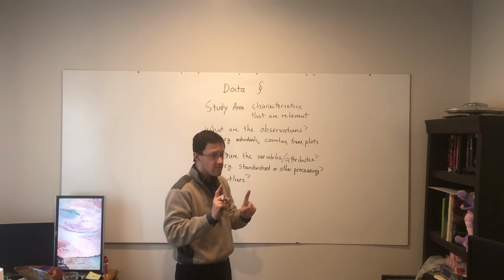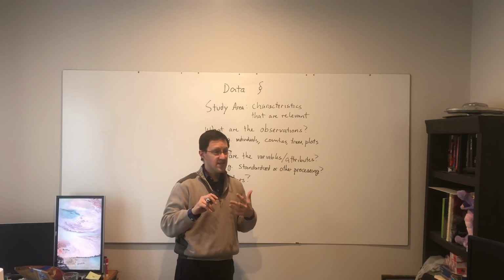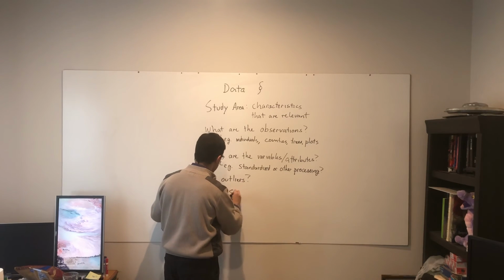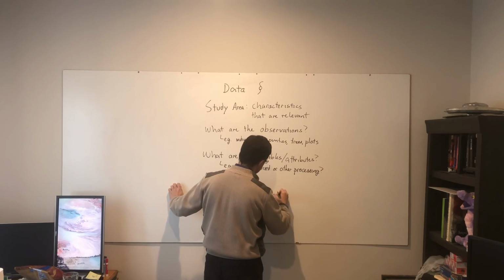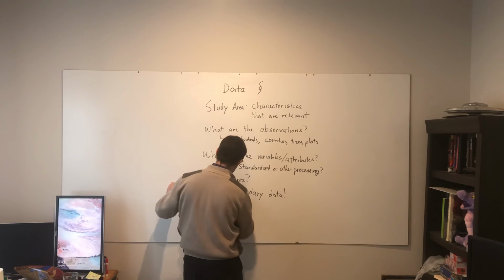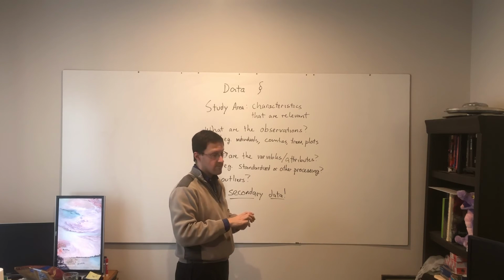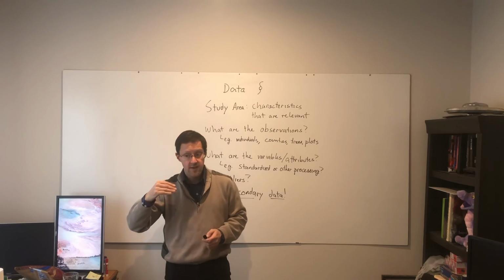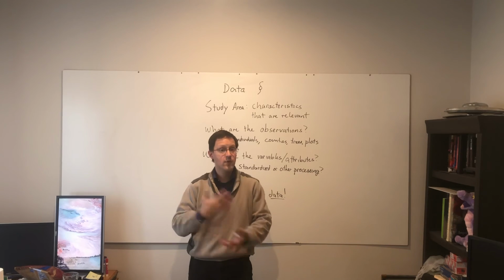The last thing for the data section that I will put here, because it is something that is left out quite frequently, if you are using secondary data, that means you got it from someplace, whether that's the Census Bureau, whether that is data that was developed and used in a different study and you're reusing it.